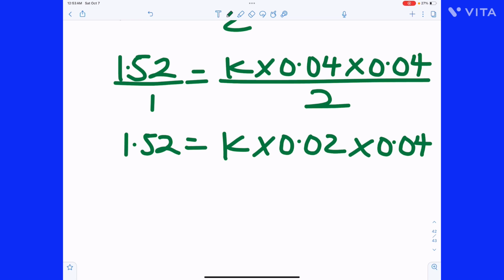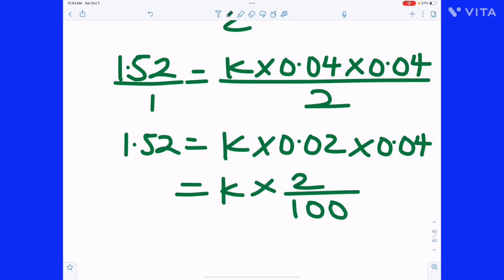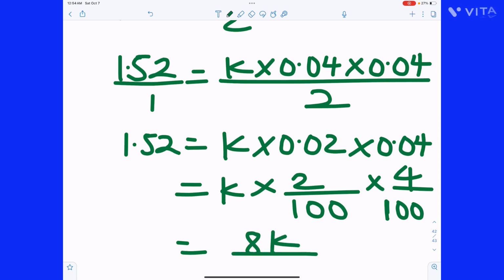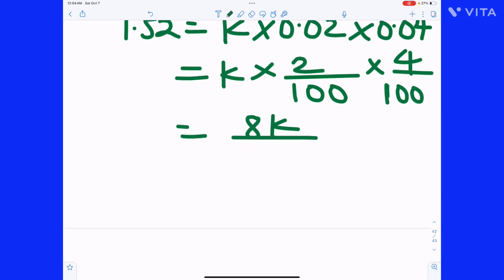Let me simplify so that you can understand it well. 0.02 is 2 over 100. 0.04 is 4 over 100. So I would have written this as 8k over 10,000 is equal to 1.52.